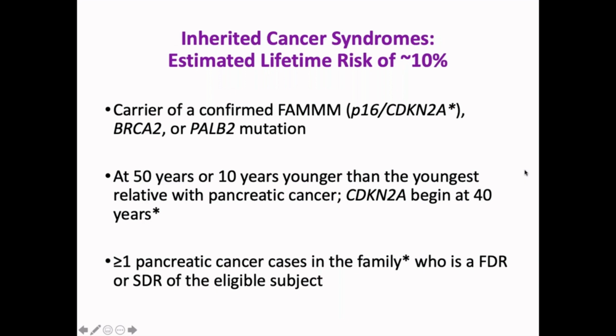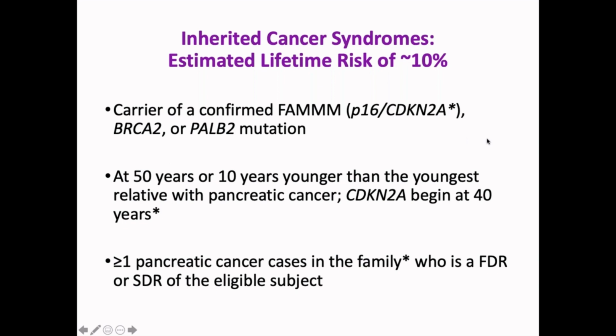The importance of quantifying cancer risk really was used to set the age of initiation for screening amongst mutation carriers, with those identified with the highest risk of 10% and higher undergoing screening at age 50.